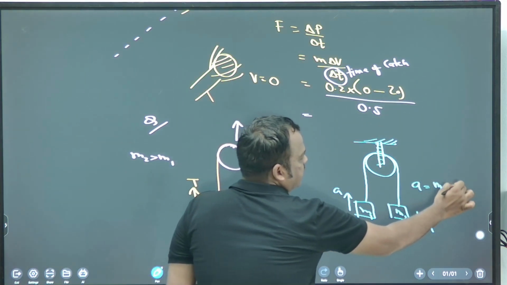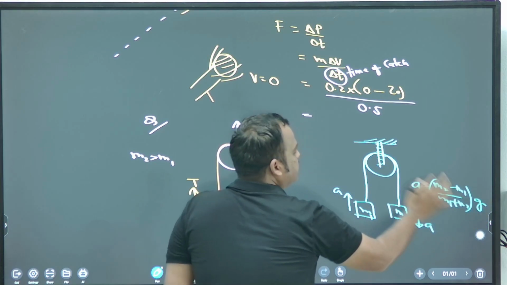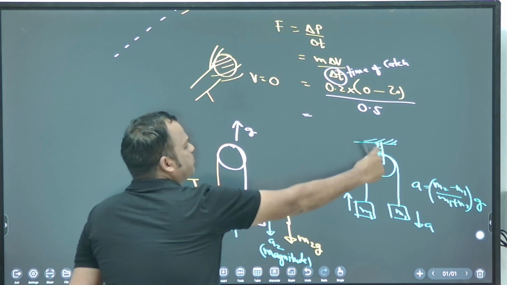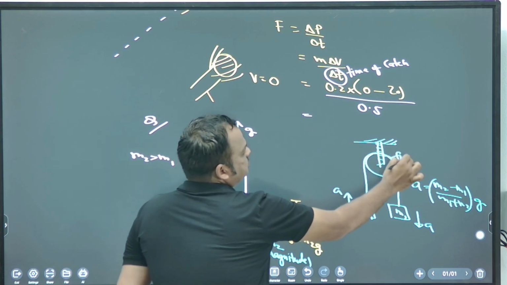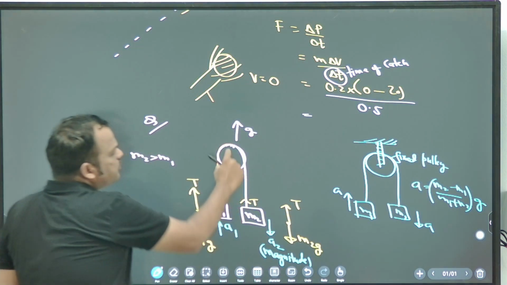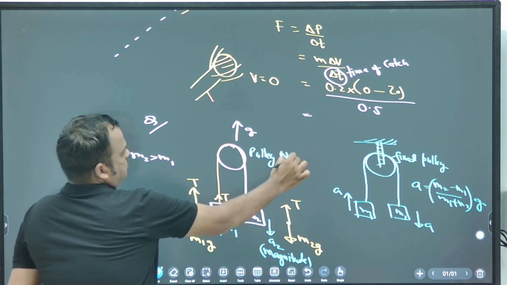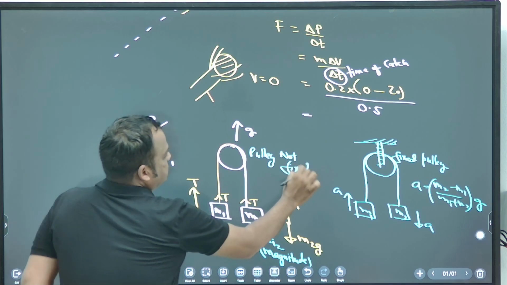What is the direct formula? (M2 minus M1) by (M1 plus M2) into g. This is a different case, when the pulley is fixed. Here the pulley is not fixed.